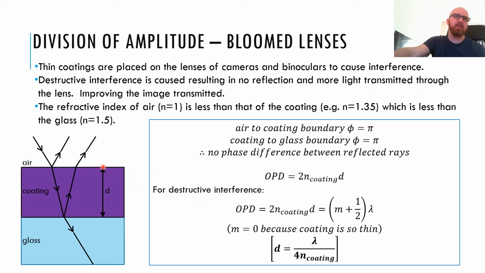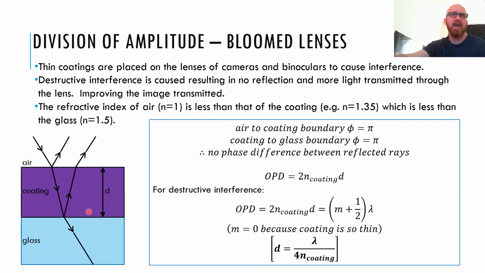So for destructive interference, you're not really interested that much in the constructive interference aspects of it. You want to cancel these out. So we're interested in the destructive interference of these two. So the optical path difference equals 2 n coating d. Notice there's no path difference formula part there. It equals m plus a half lambda, and m equals 0 because the coating is so thin.